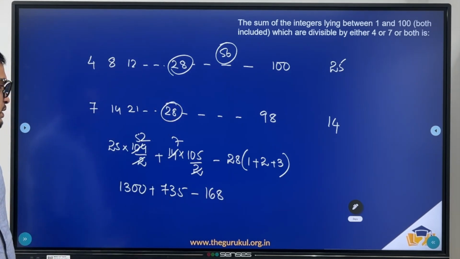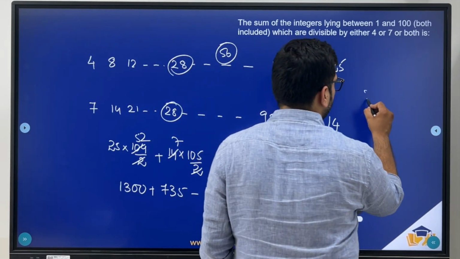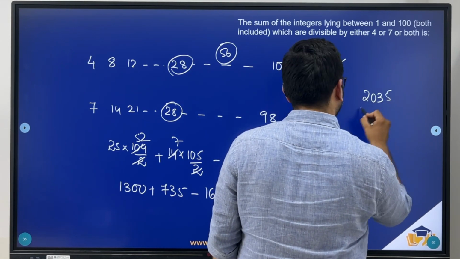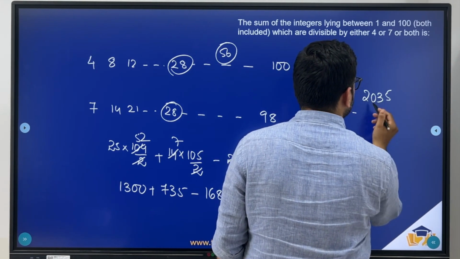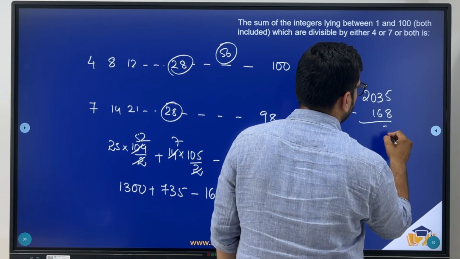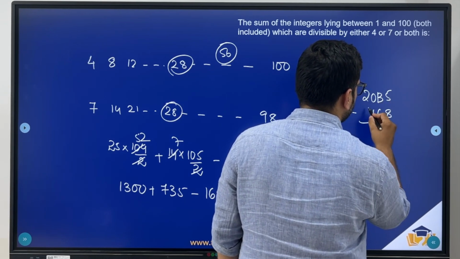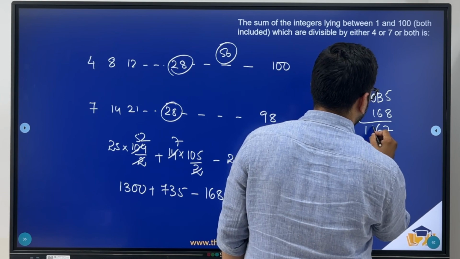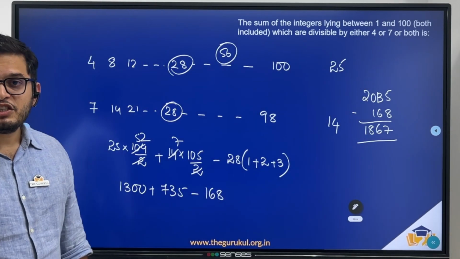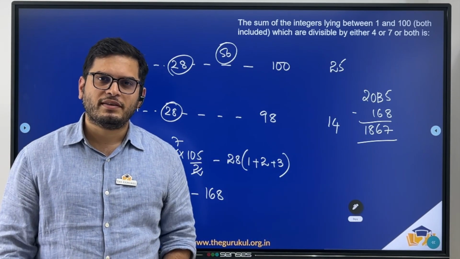So 1300 plus 735, 2035, minus 168. Now 7 minus 6, this would be 1, 3 minus 6 borrow, 18. Right. So 1867 should be the answer to this question.